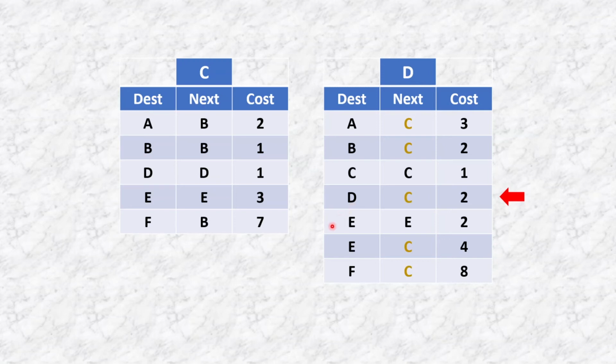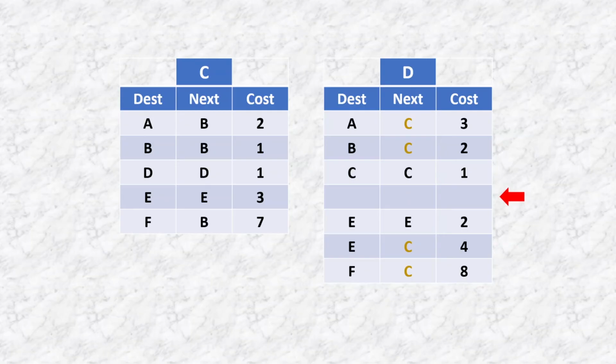The table, as expected, contains a number of problems. The first problem is the one that we've seen so often. This routing table now tells us that we can get to D at a cost of 2, but we are at D. We don't have to pay to get to D. There's zero cost involved. So we have to get rid of that entry and it is gone.